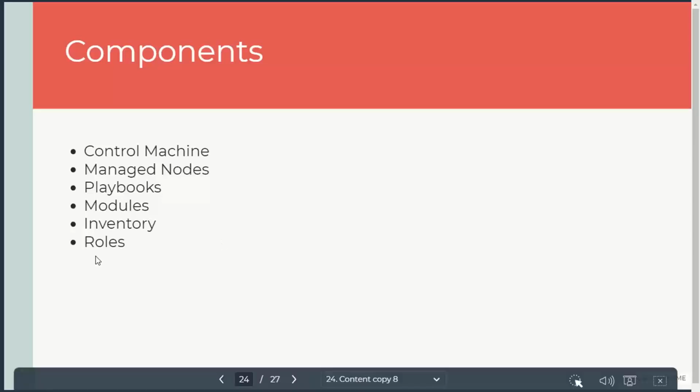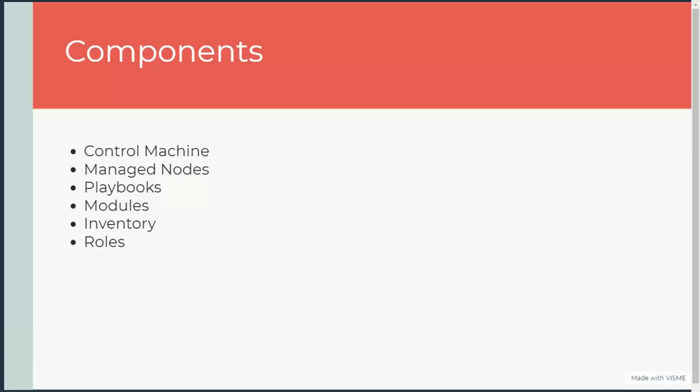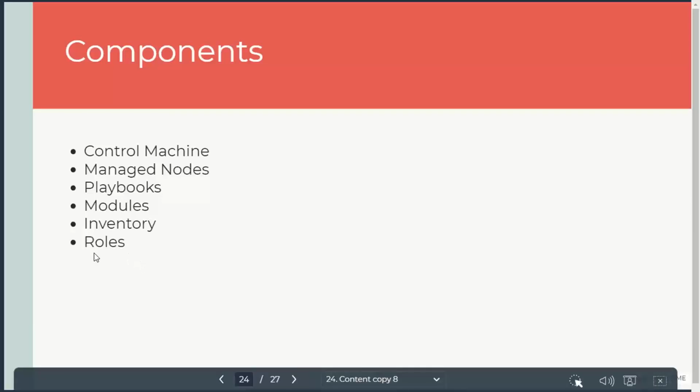Okay, and then the roles. For example, if you have custom tasks or something, you can create them as roles, maybe the variables, everything. When you are running the playbooks, before that the particular roles will be called in the playbooks.